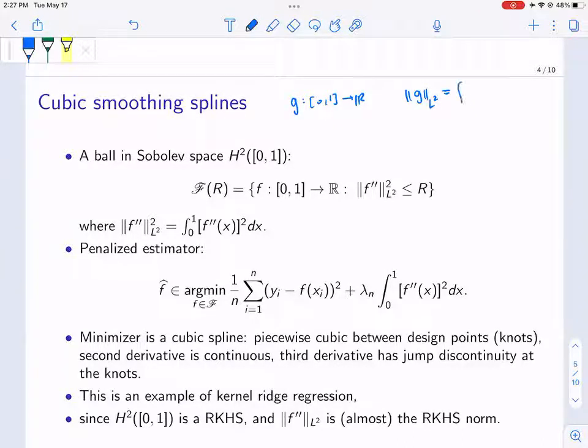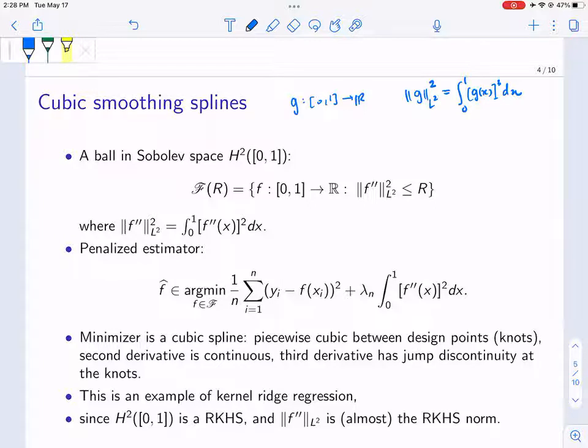So the L2 norm with respect to the Lebesgue measure is the square root of the integral of g(x) squared dx. So the L2 squared is something like this. And what this class is imposing is that f double prime, the second derivative, or you can say the first derivative if you want, is in L2.